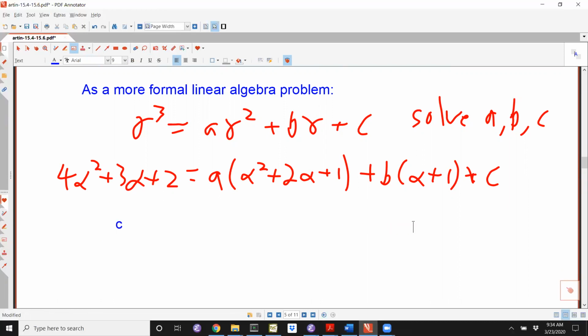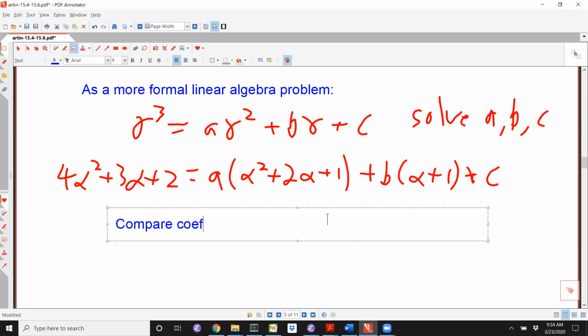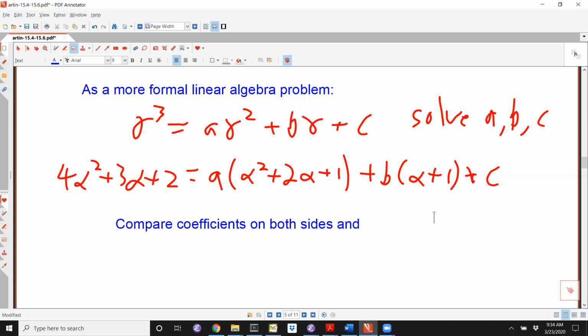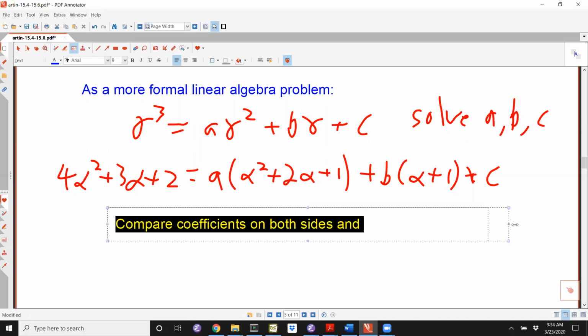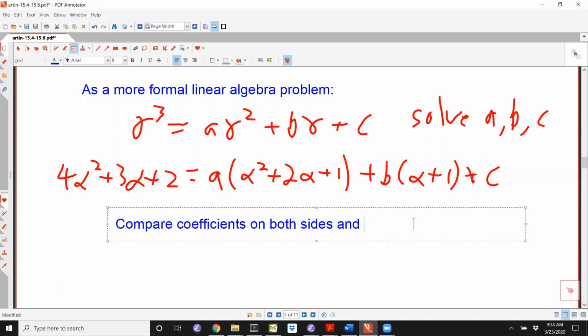So if you thought the way I did that came a little bit out of nowhere, you can really boil this down to a standard problem by writing it out like this, comparing coefficients on both sides, and doing standard linear algebra.